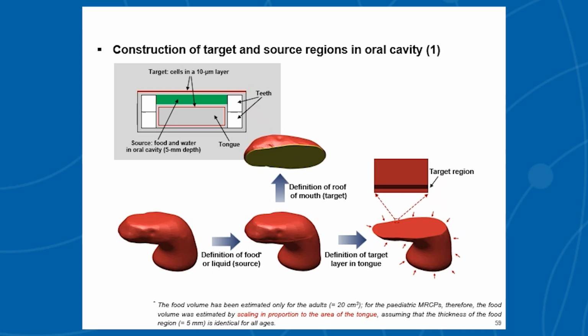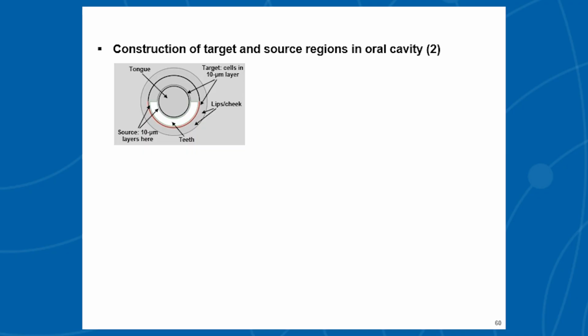Then the target regions in the roof of the mouth and within the tongue were defined using the offset function. Also, this figure shows a transverse view of the stylized model. The white area represents the teeth. The green line is the source region indicating the radionuclides deposited on the tooth surfaces, and the red line shows the target region in the cheeks and lips.